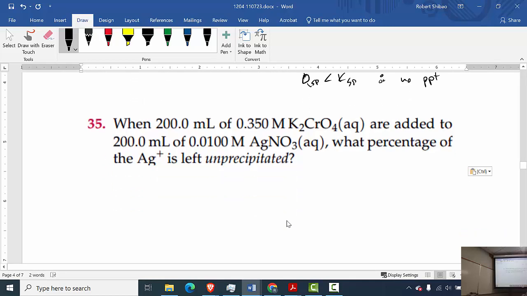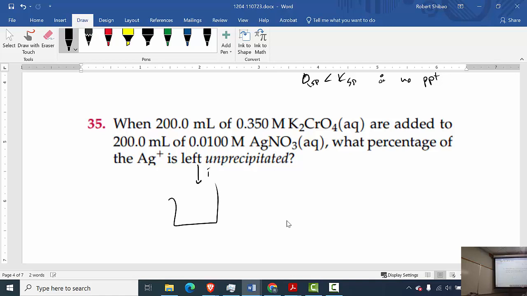But anyway, whenever we mix things, we have to do the solution dilution. So let's take care of that first. So it's going to be 200 plus 200. This is going to give us 400 milliliters. And so this is just a 1 to 2 dilution, looks like. And so if we go to the potassium chromate, it'll be a 200 to 400, or 1 to 2 dilution of 0.350.